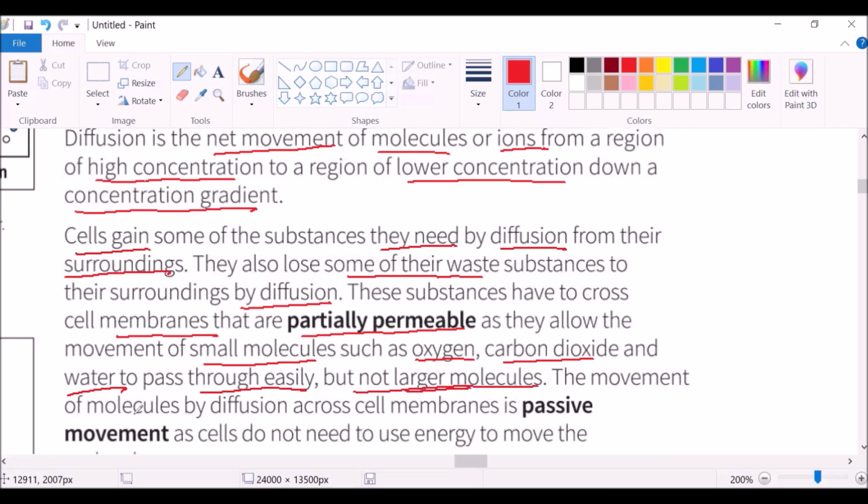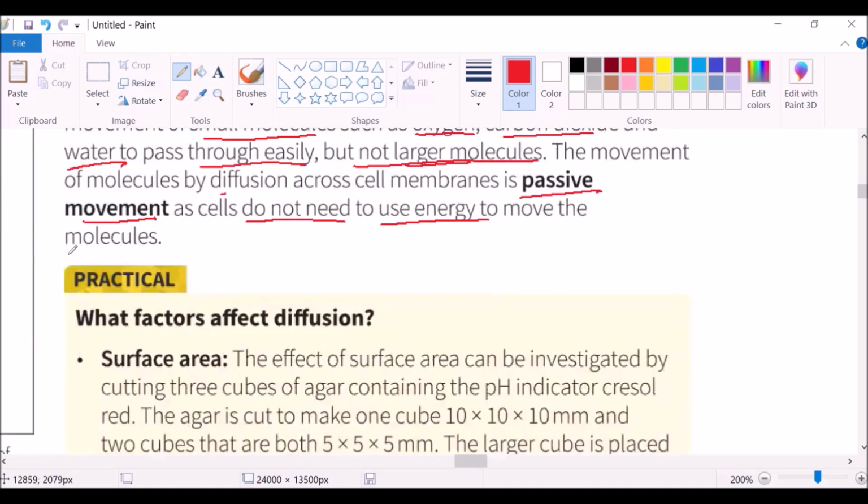The movement of molecules by diffusion across the cell membrane is passive movement, as the cells do not need to use energy to move the molecules. So diffusion is what we call a passive process, which occurs naturally.